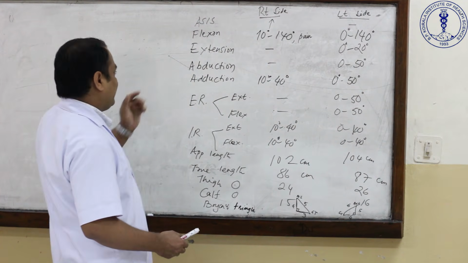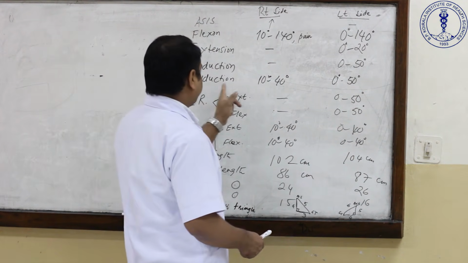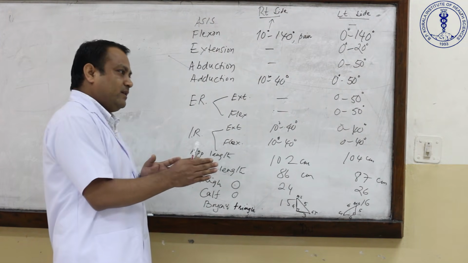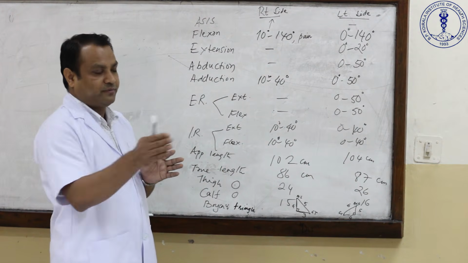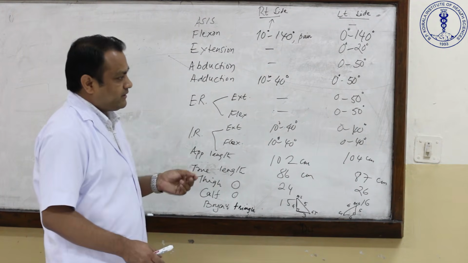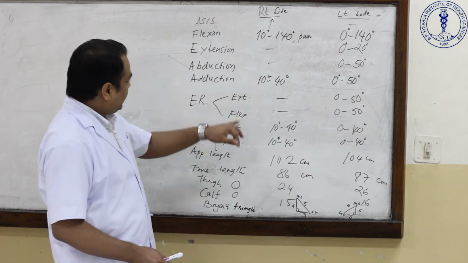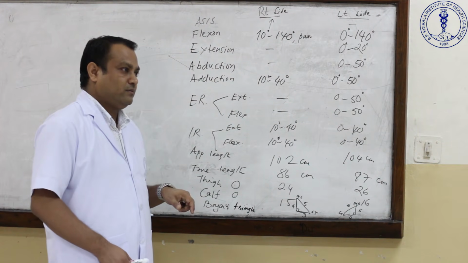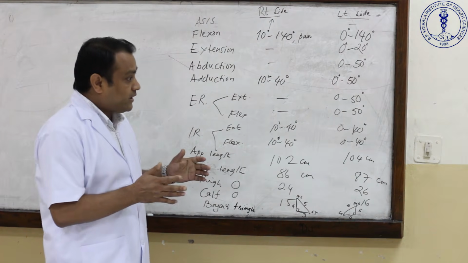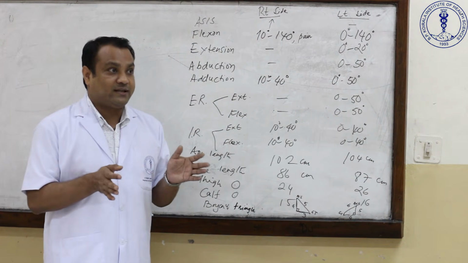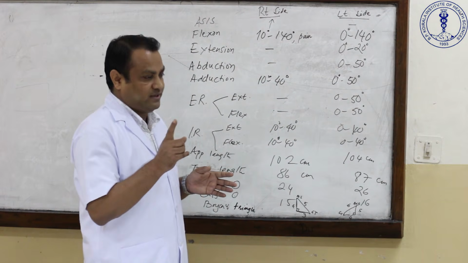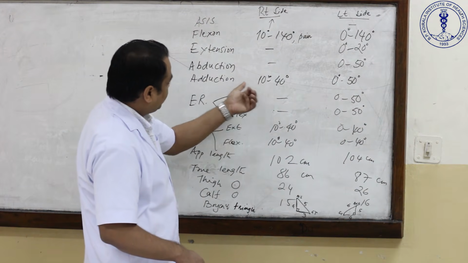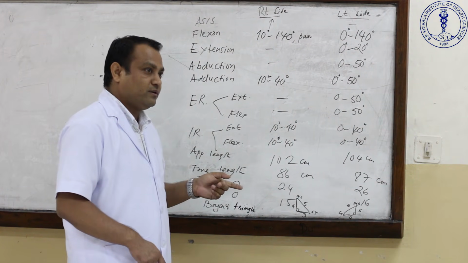Now next come to adduction or abduction. See here there is 10 degrees of fixed adduction deformity on the right side. The adduction deformity will lead to shortening, the abduction deformity will lead to lengthening. Roughly 10 degrees is equivalent to 1 cm. So adduction of 10 degrees will lead to shortening of 1 cm. That is functional shortening. So here really the right lower limb and supratrochanteric region was shortened by 1 cm, and because of this adduction deformity, the 10 degrees has added up to 1 cm shortening.